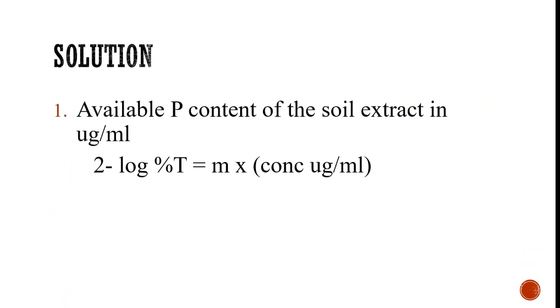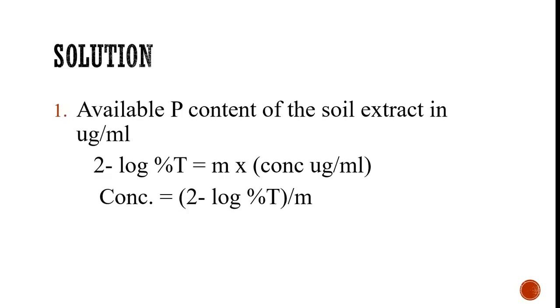This is the equation y equals mx, where y is 2 minus log percentage T, m is the slope, and x is the concentration. If you need the concentration, we divide both sides by m. So the concentration becomes 2 minus log T divided by m.